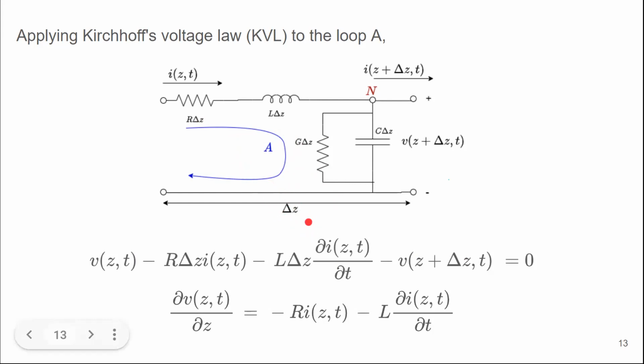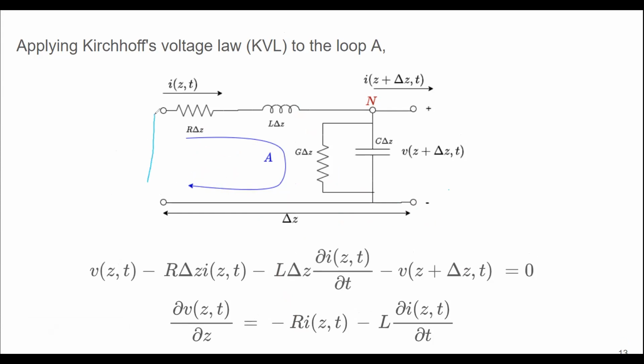So we can use Kirchhoff's voltage law as we know, and we can derive equations by taking into consideration the voltage drop through the loop, right? So once we take the voltage at the source to be V(z,t), the voltage here is V(z,t).